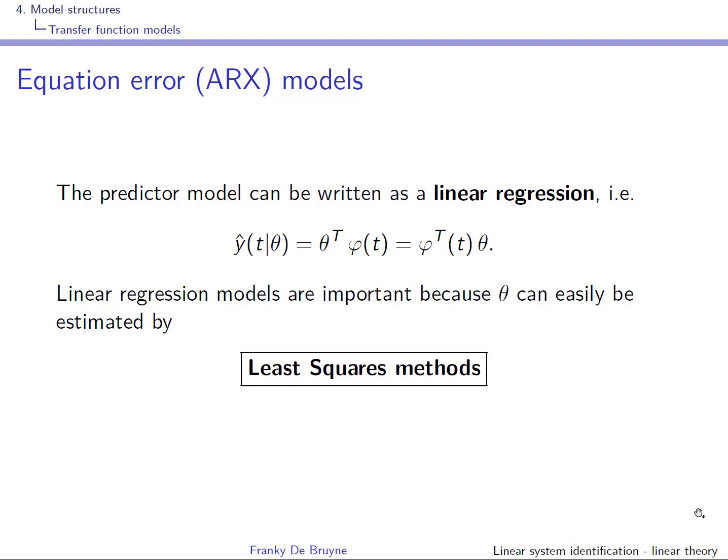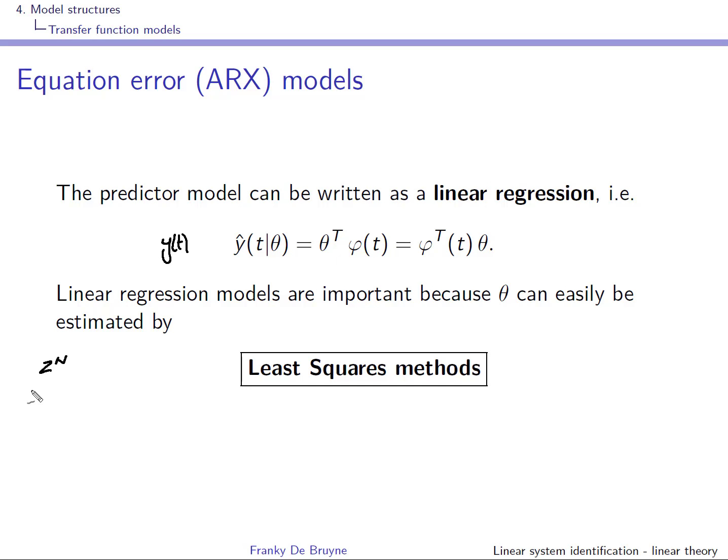So let us have a look at that in more detail. This is the prediction at time t using the parameter vector theta. This should correspond to y of t, the measurement on the actual system at that same time. So what we can do is write a system of equations, assuming that we are given a data set with N data points.